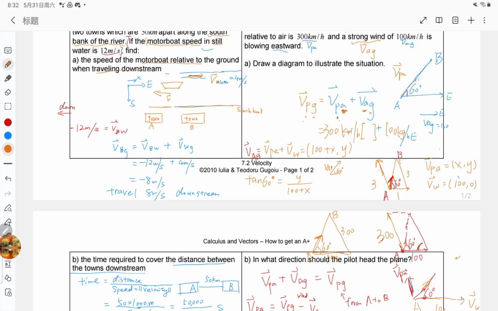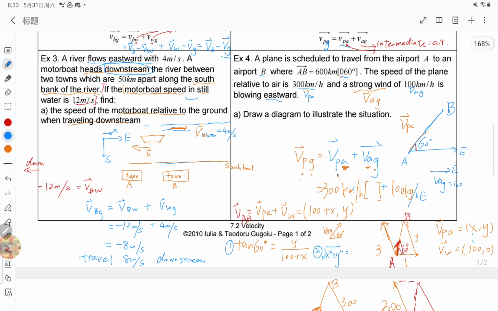This is tangent 60, so this is the first formula. And then we also know the magnitude of VPA, so the square root of x squared plus y squared is going to be 300, because the plane relative to the air is 300, right?